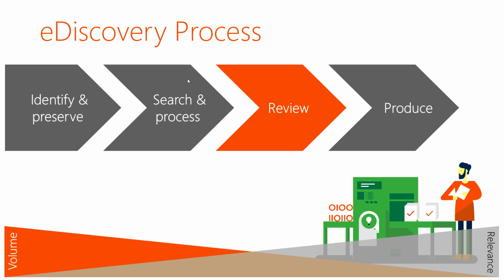And then the last step would be to produce the data using whatever means is appropriate to your jurisdiction. That can mean transmitting data in the electronic discovery reference model format, or that can mean producing raw data like PST files or MHT files or other native Office file formats.